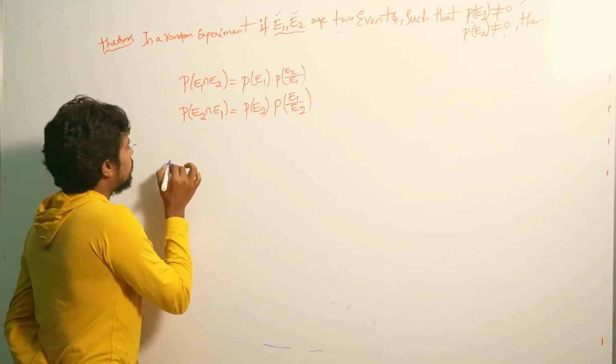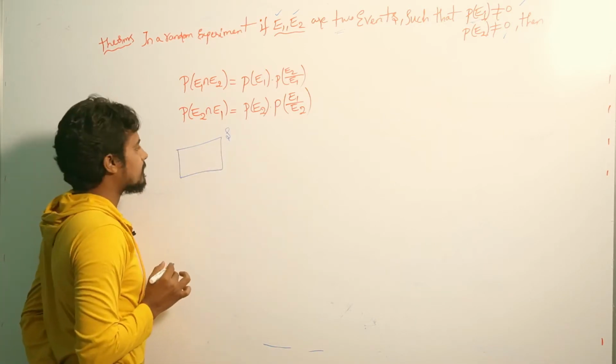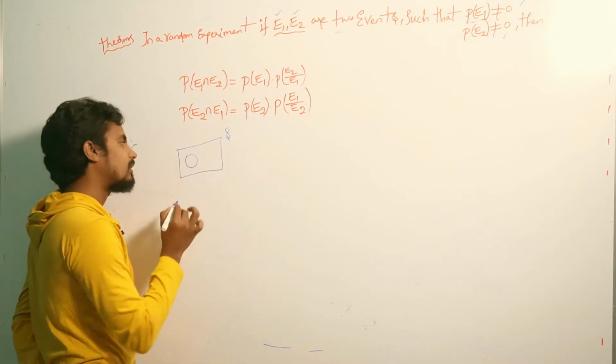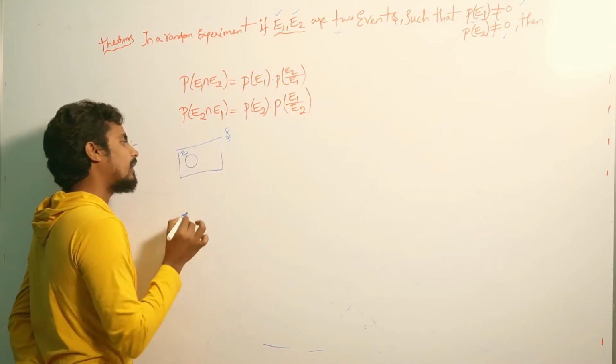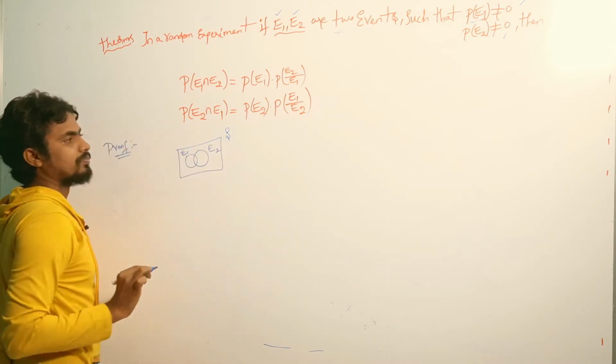If I take the Venn diagram point of view, this will be the sample space S, this will be the event E1, and this will be the event E2.